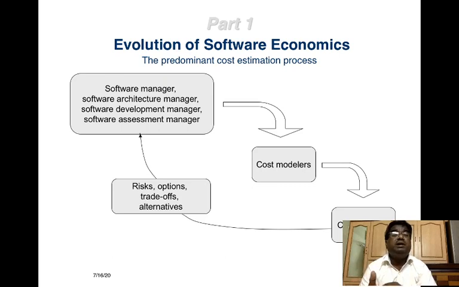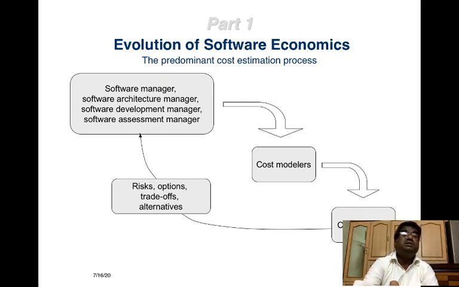Based on that, again they will verify the future problems, risks, operations, trade-offs, alternatives. Trade-off means business rules, and business rules means policies, etc. So whatever the upcoming problems, they are again going to be estimated.